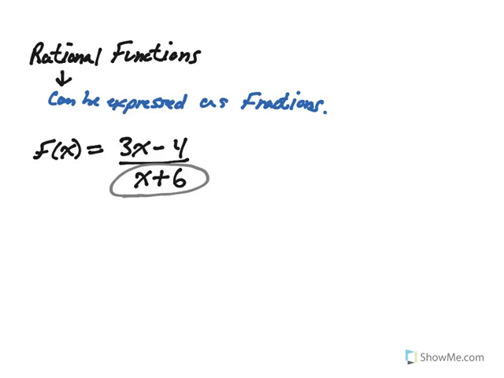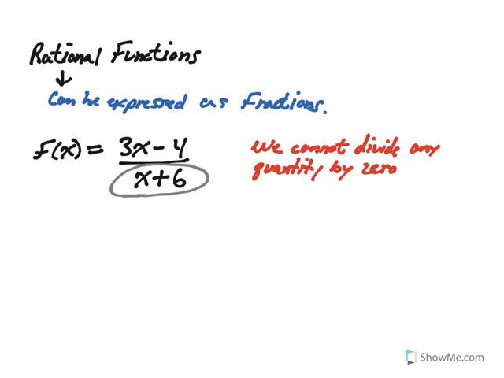The reason why is that we can divide something by any quantity with the exception of 0. So the key thing to keep in mind is that we cannot divide any quantity by 0.